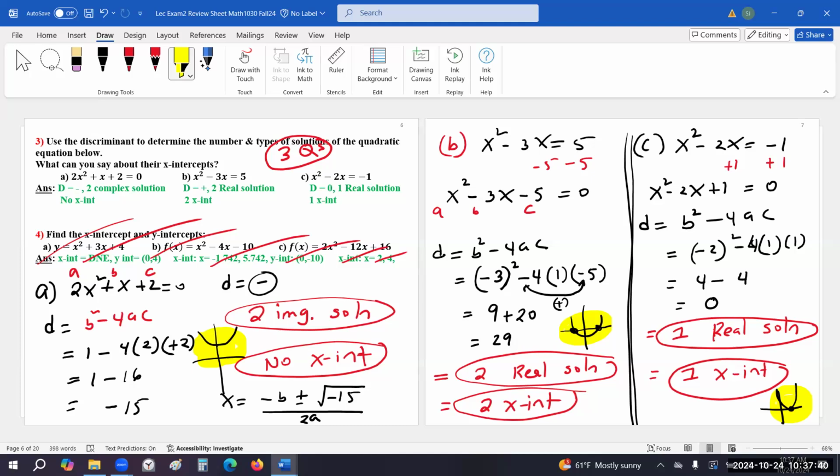Why would you have to find everything, vertex, x-intercept, y-intercept, and draw? But for this type, all you have to do is bring everything to one side, find the discriminant, and write these two down: how many solutions you have, what type, and how about your x-intercept. I drew them for you to visualize what's going on.